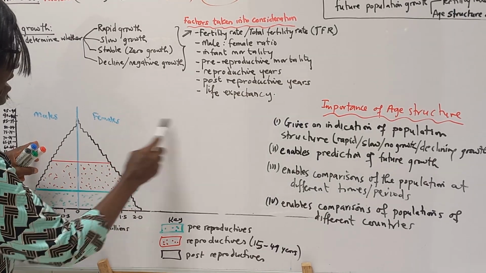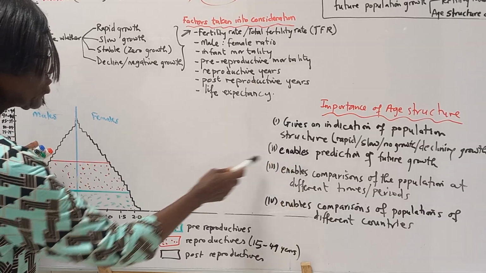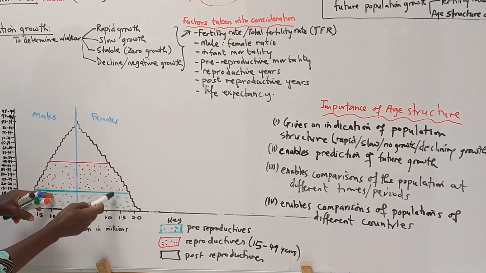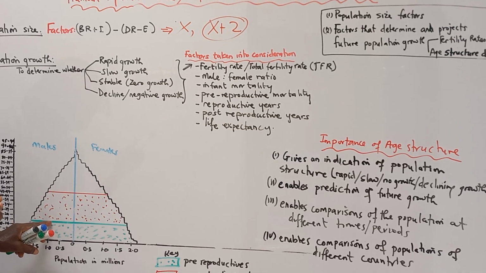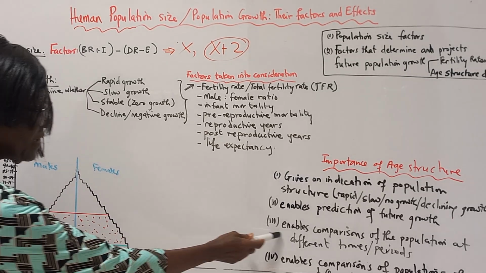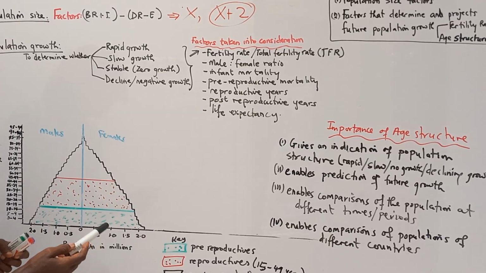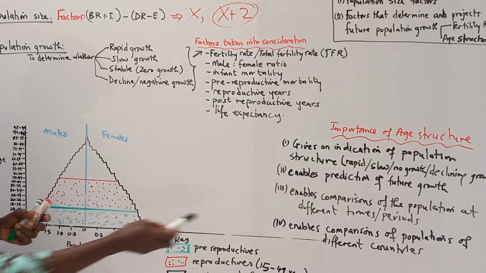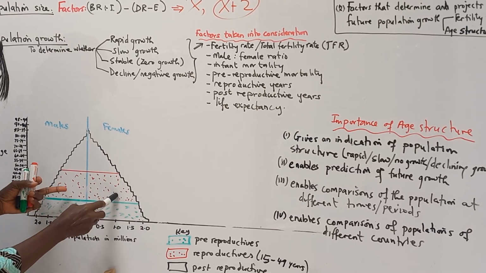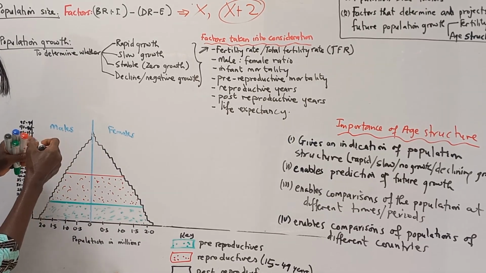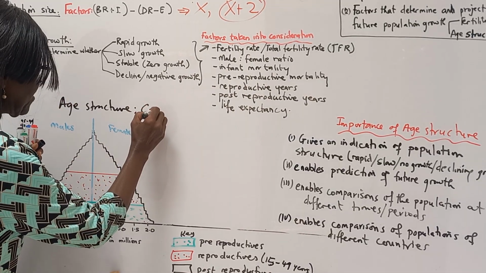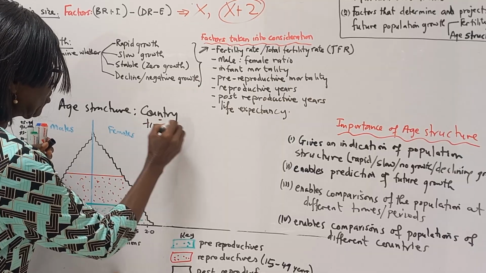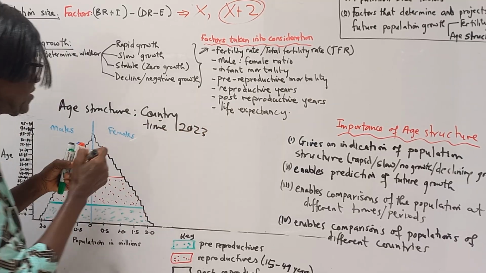Now, the same age structure enables us to predict the future. As I said, it shows that the population will keep on growing if no intervention comes in. Then it enables us to compare the population at different periods, because we have one this year. So this is an age structure, and the age structure always shows the country, and it shows the time, whether it's 2023 or 2020.